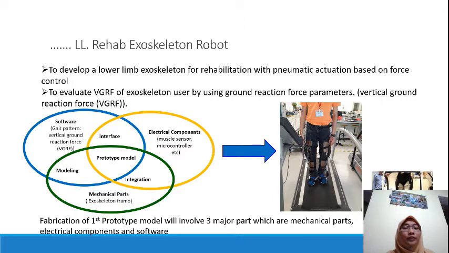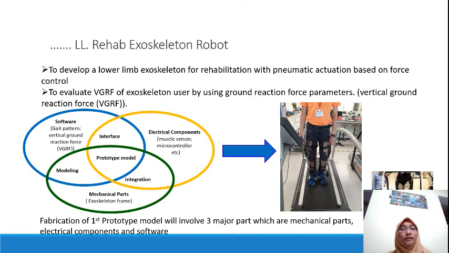The objective of this device is to develop a lower limb exoskeleton for rehabilitation, using pneumatic actuation based on force control, and to evaluate the VGRF of the exoskeleton user by using ground reaction force parameters. This fabrication is the first prototype model, which involved three major parts: mechanical parts, electrical components, and software.